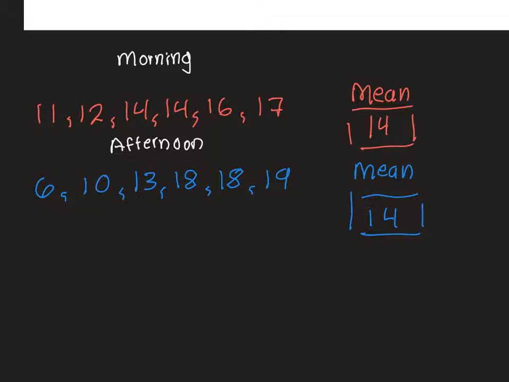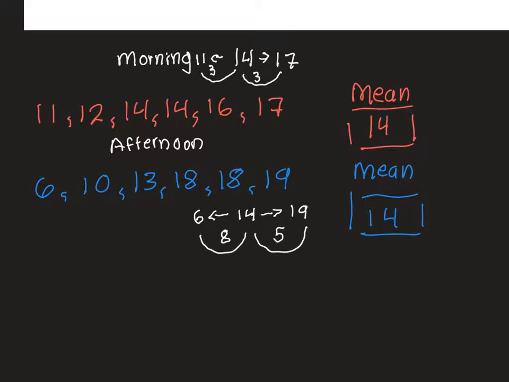Okay, so you tell me, which data set has numbers that are farthest away from the mean, which in this case is 14? The morning data set or the afternoon data set? Well, right off the bat, I can tell that the afternoon has greater variability because both the highest and the lowest number are farther away from the mean, which is 14, than the data set for the morning.